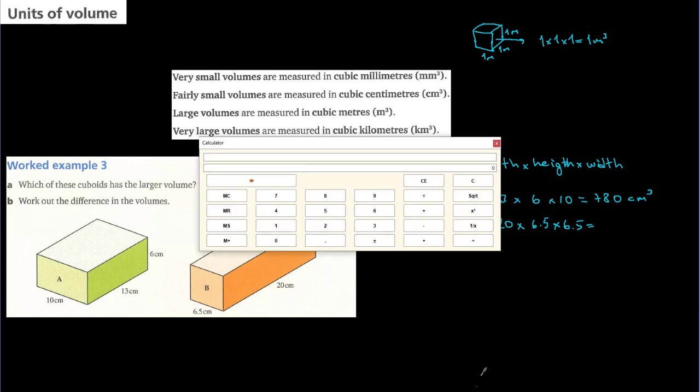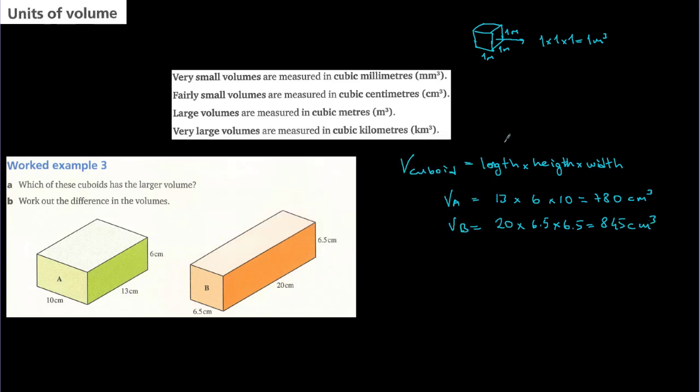Let me do it using the calculator: 20 times 6.5 times 6.5 is equal to 845. So 845 centimeter cube is the second one.